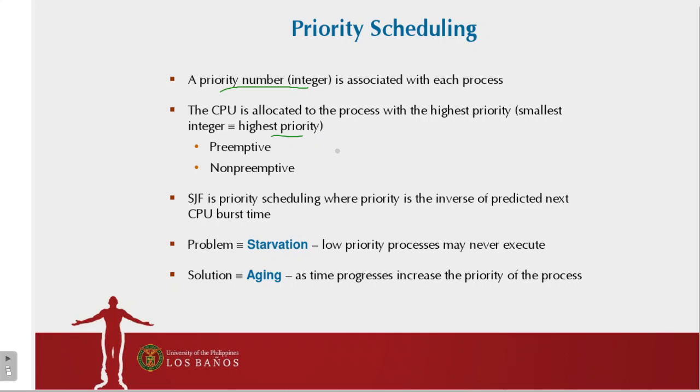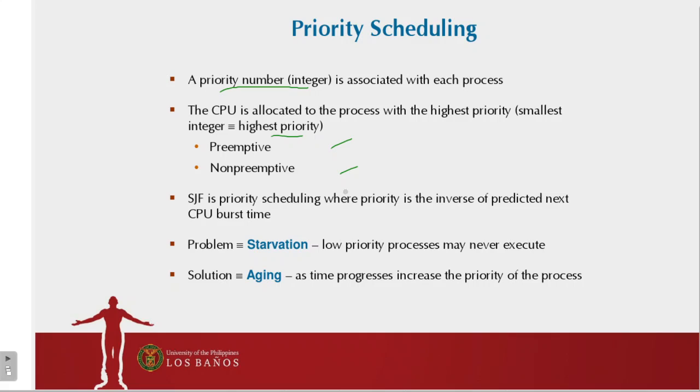And priority scheduling can also be preemptive and non-preemptive. When you say preemptive, if a process is running on the CPU and a new high priority process arrives, then the one that is currently running on the CPU is preempted or taken out of the CPU because a higher priority process arrived.